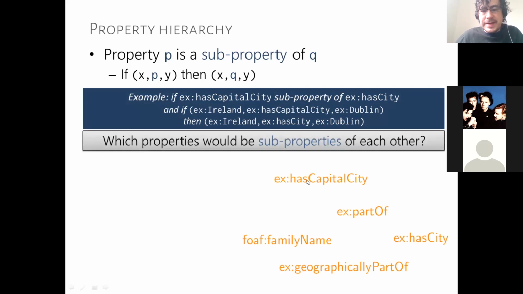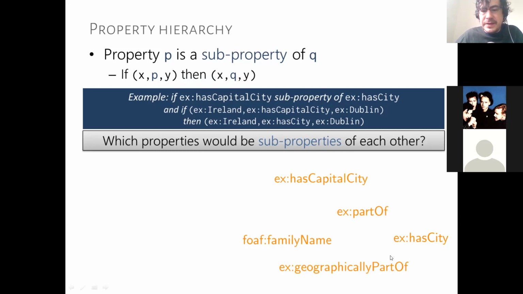So we've seen one example of a subproperty relation here between has capital city and has city. Any other examples here? So geographically part of, for example, could be a subproperty of part of.